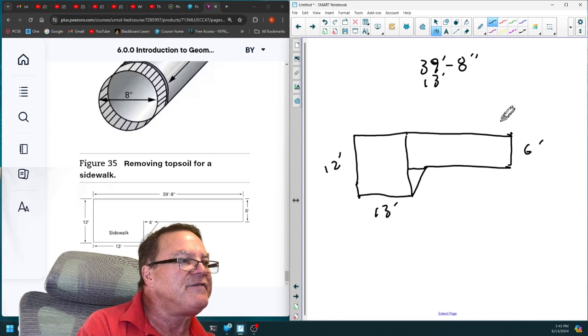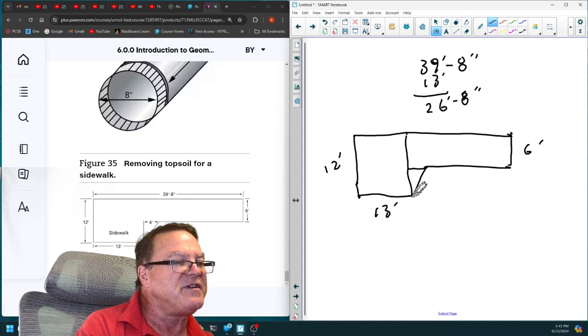It's 39 feet 8 inches for the whole length, so I'm going to take that off. I'm going to end up with 8 inches, and 9 minus 3 is 6, and 3 minus 1 is 2. So this is 26 feet 8 inches by 6 feet. And then I have this little triangle right here that is 6 feet and 4 feet.